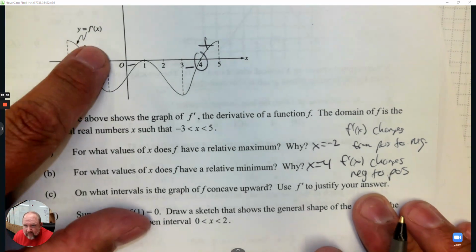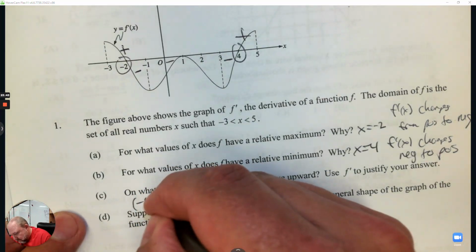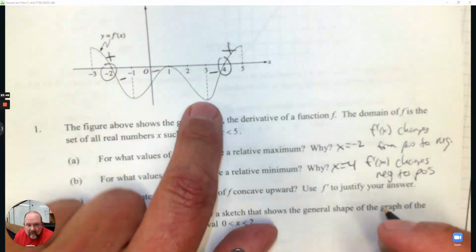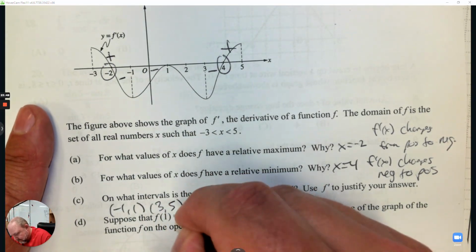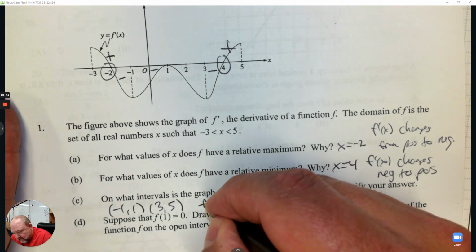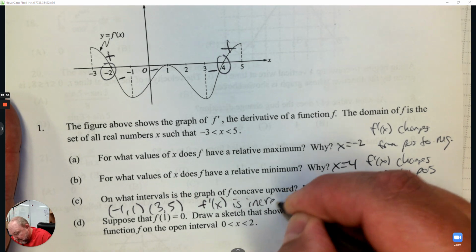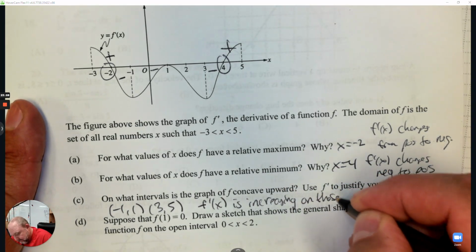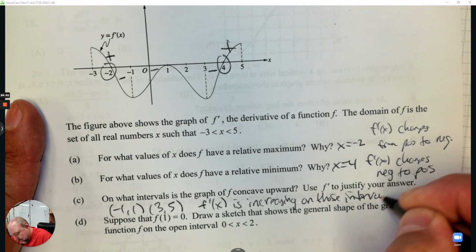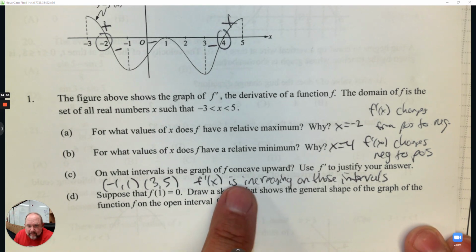So it's increasing from -1 to 1. It's also increasing from 3 to 5. That's because the derivative is increasing on those intervals. So when the derivative is increasing, that means concave up.